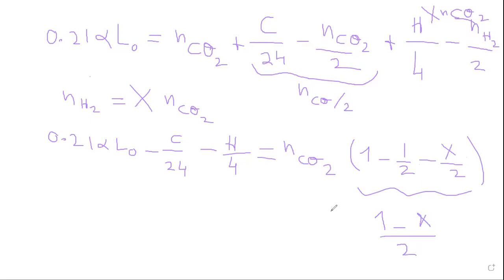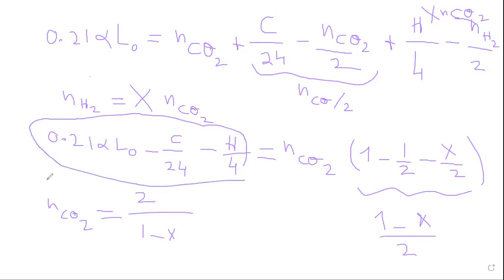And now I conclude that NCO2 is 2 over 1 minus X times this term. If I call this term big A, then NCO2 is 2 over 1 minus X times A.